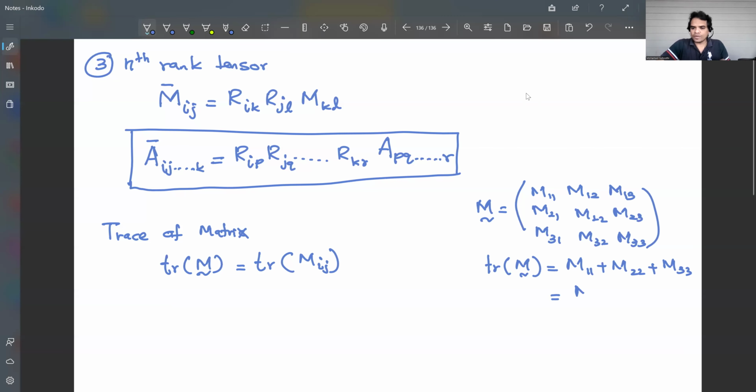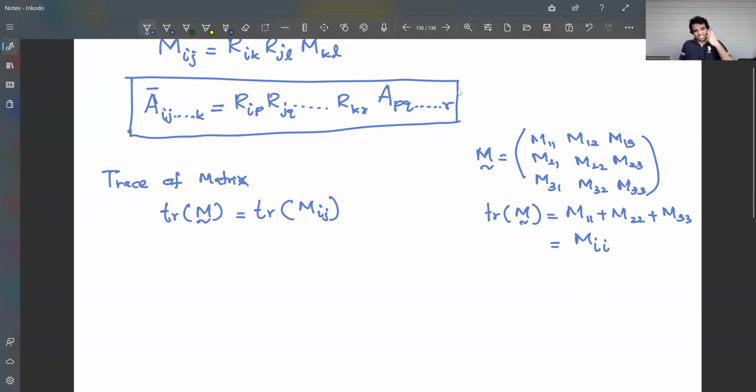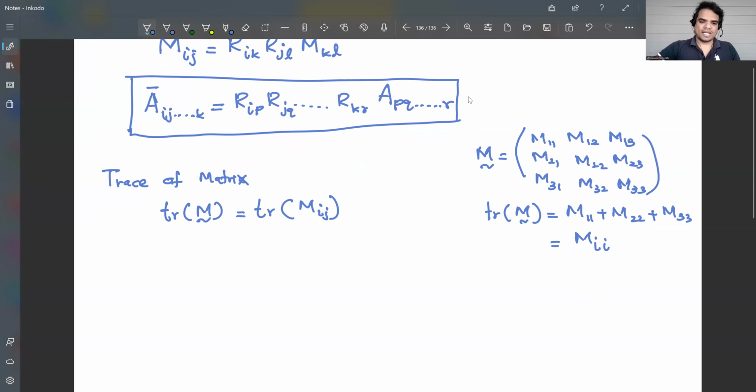If we want to represent it in index notation, we studied already the summation convention, repeated index: MII. This is actually the trace of the matrix. This trace of the matrix is also independent of the coordinate system.